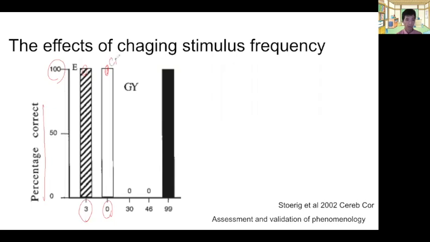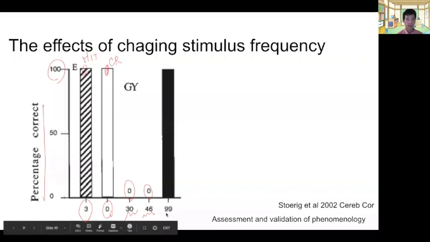So this is a correct rejection, and this is a correct hit in the signal detection terminology. And the most interesting trials are the 5% of the trials where the high contrast stimulus was, at the lowest, 30%, 10 times stronger than the 3% good field stimuli, or 46%. And in neither case did GY choose to press this button, no, I didn't see anything, and therefore the hit was 0%.